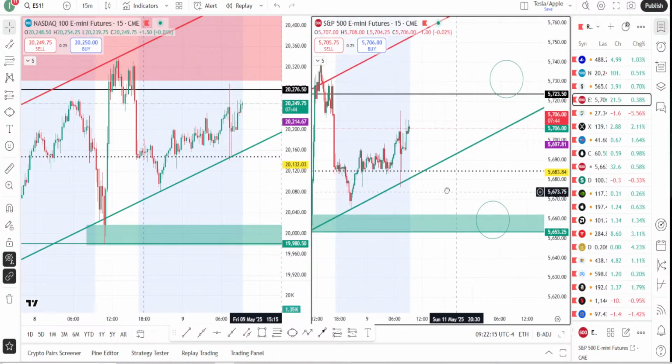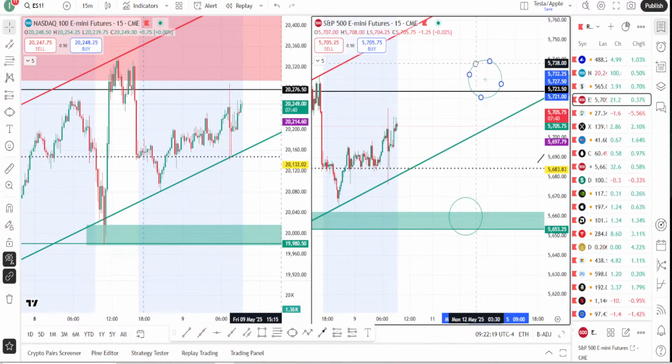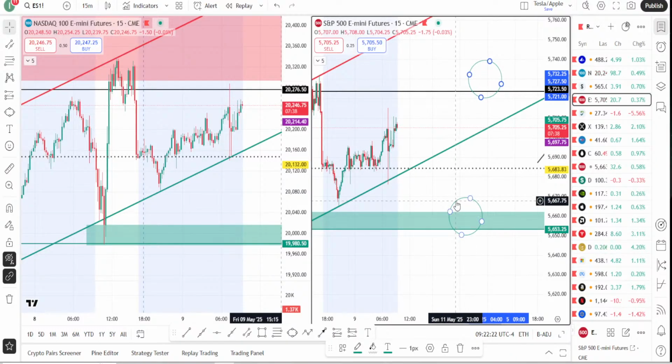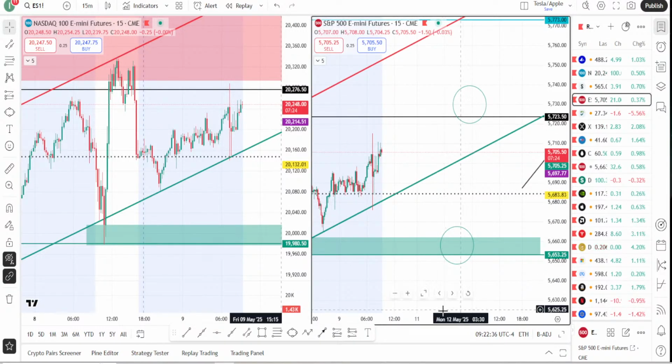We know where we want to buy. We know where we want to buy up here. Look for a setup up here, down here. And this one's gonna be a breakout pullback.